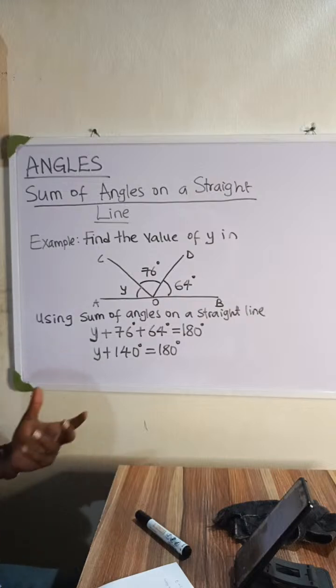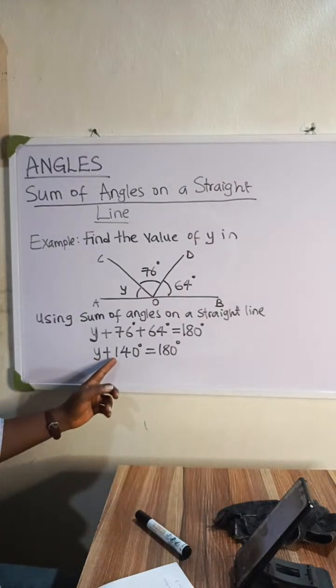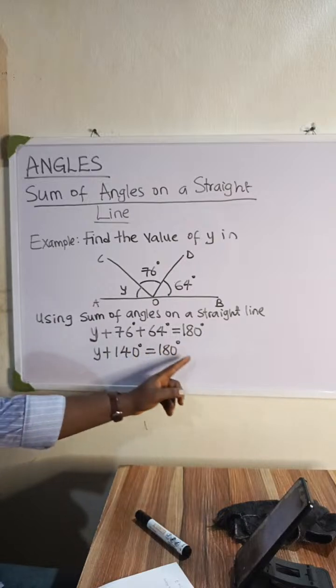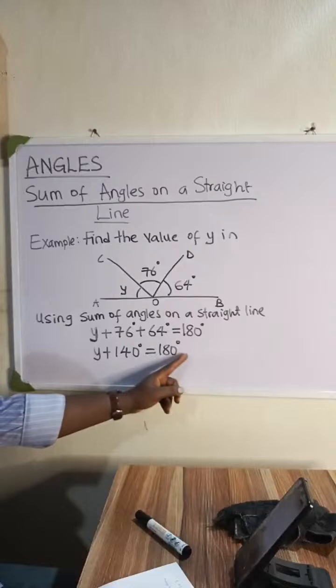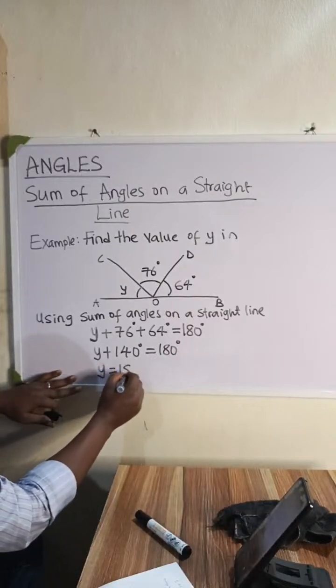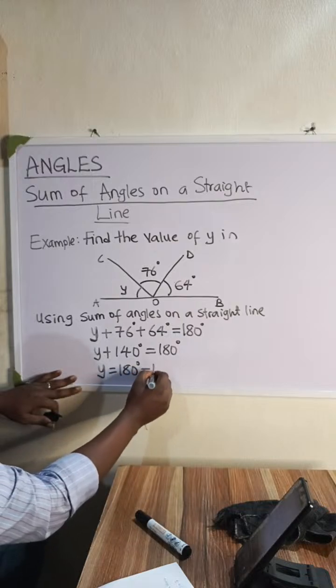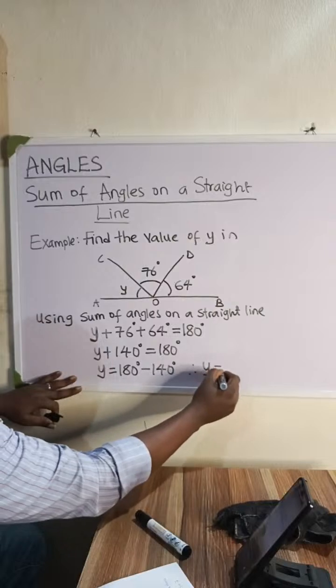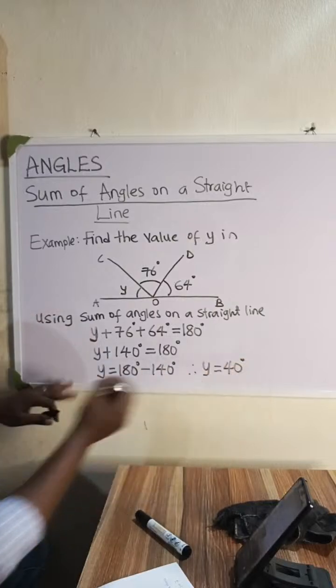In order to find y, we need to move plus 140 degrees to the right. And when we cross it over to the right, the positive sign is going to change to negative. So y is equal to 180 degrees minus 140 degrees. Therefore, y is equal to 40 degrees.